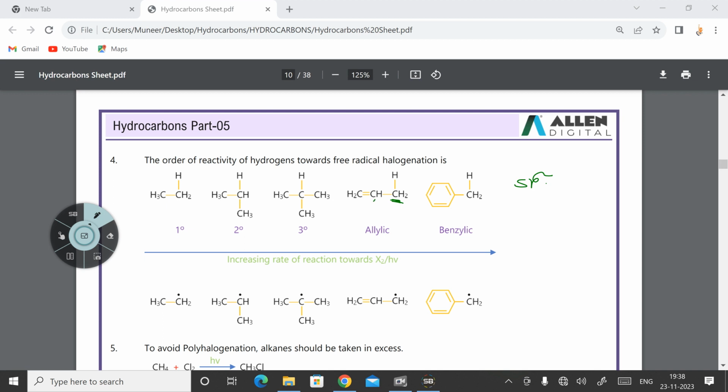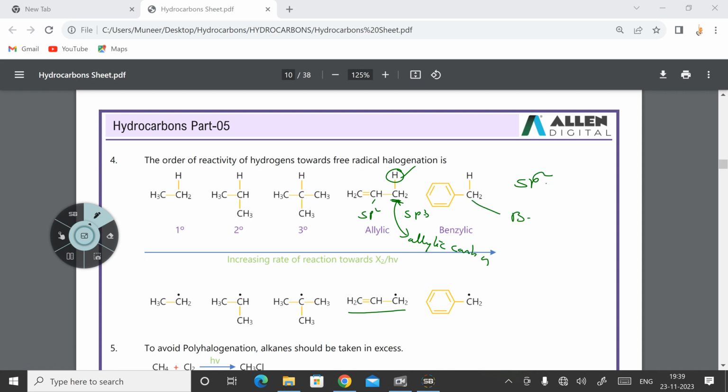This is sp2 carbon, this is sp3, this is allylic carbon. The hydrogens attached to the allylic carbon are called allylic hydrogen atoms. So if it loses that allylic hydrogen, it forms an allylic free radical.